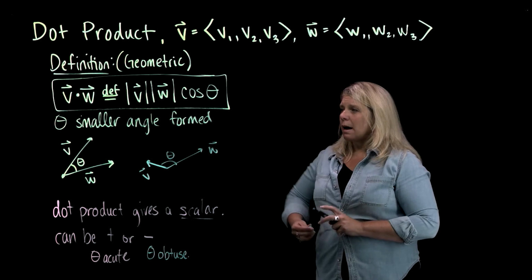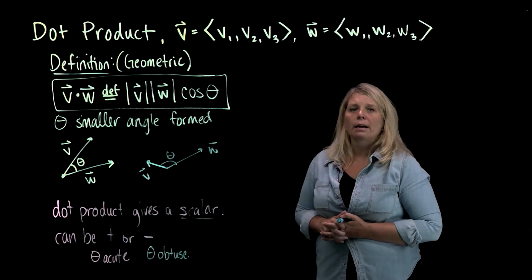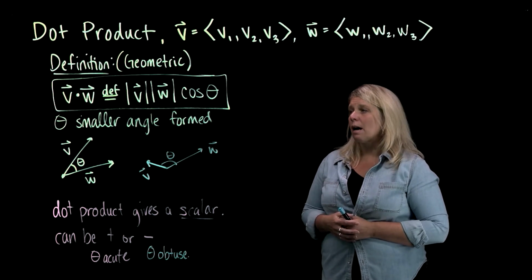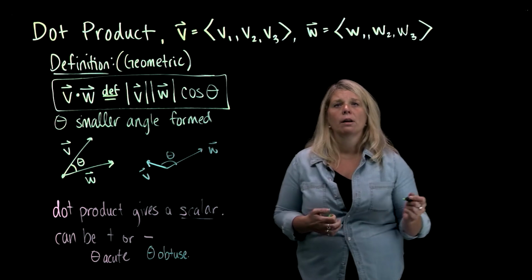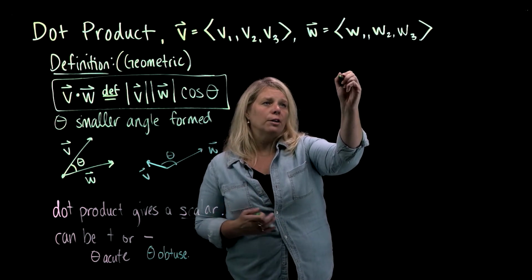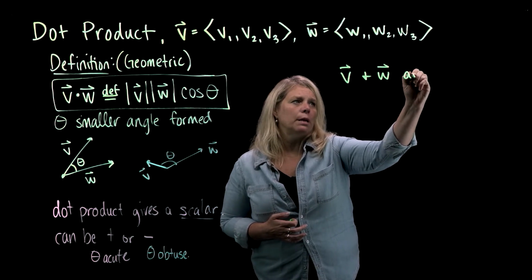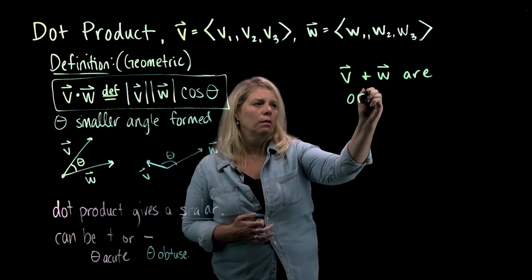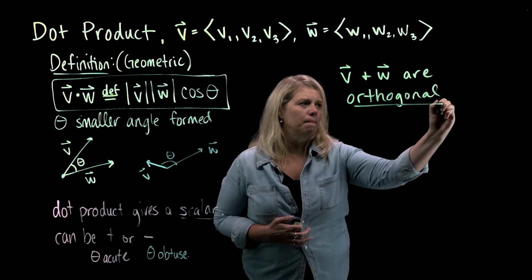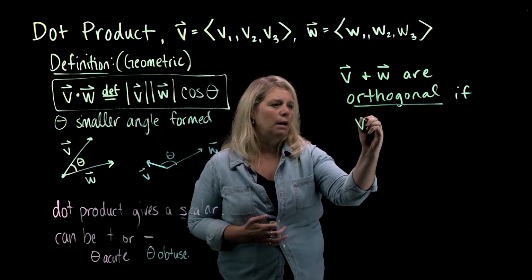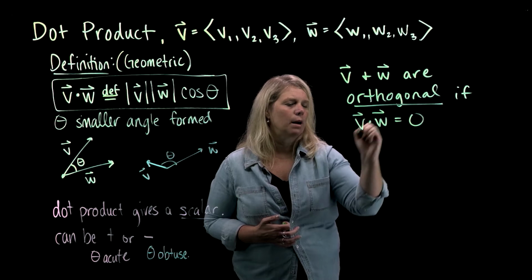The other thing to think about here that would be relevant is, when is the dot product 0? When could this dot product be 0? And that's actually an important vocabulary word that we'll talk about too. Two vectors, v and w, are said to be orthogonal if their dot product is 0.